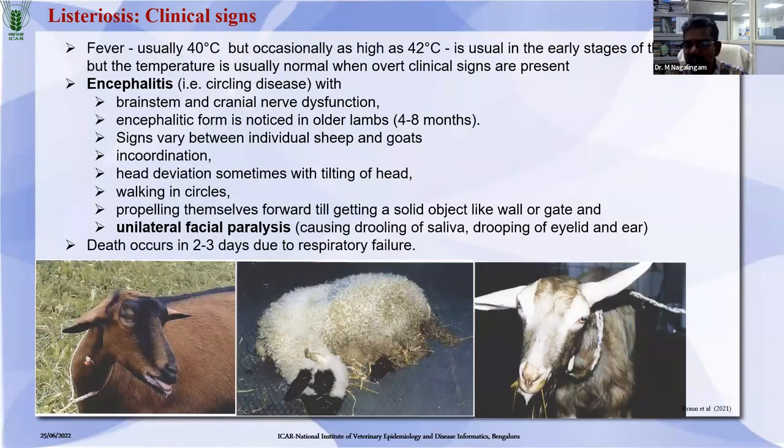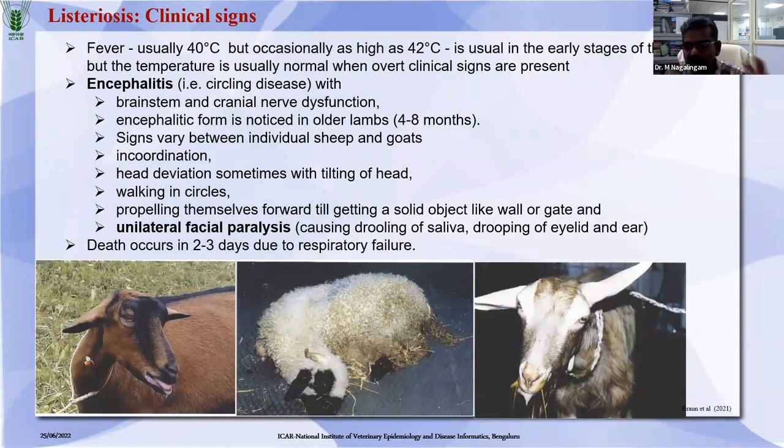As soon as it expresses the other clinical symptoms, the temperature usually subsides to normal. This encephalitis is characterized by brainstem and cranial nerve dysfunction. Thereby, it causes various signs in various animals.